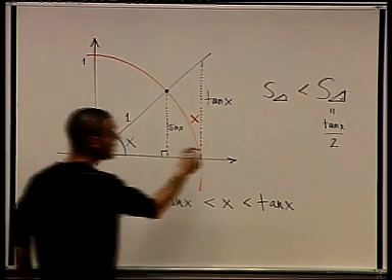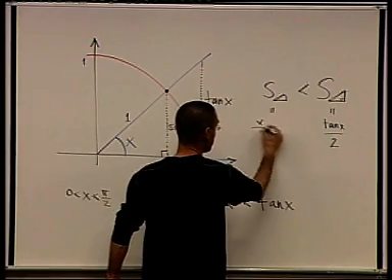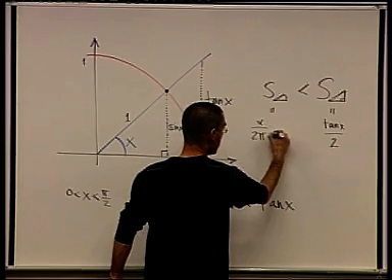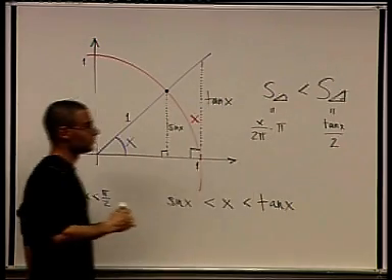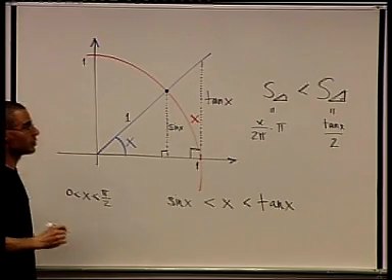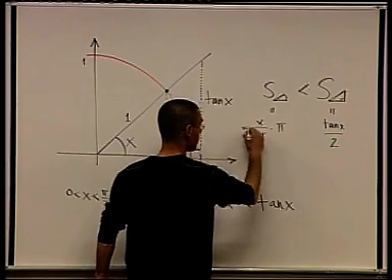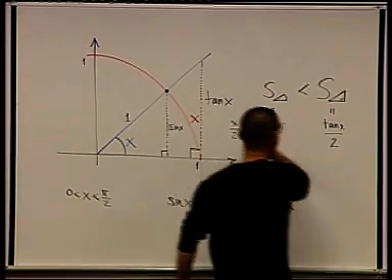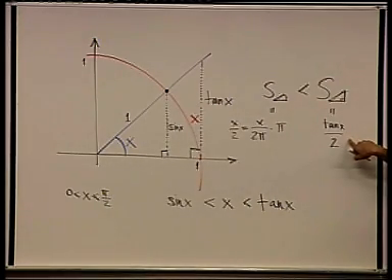So the slice is x over 2 pi times pi. Do you agree? Which makes it x over 2. So x over 2 is less than tan x over 2, so x is less than tan x.